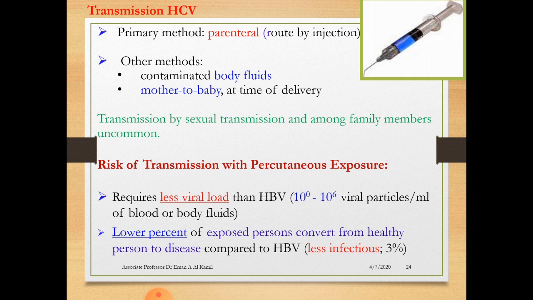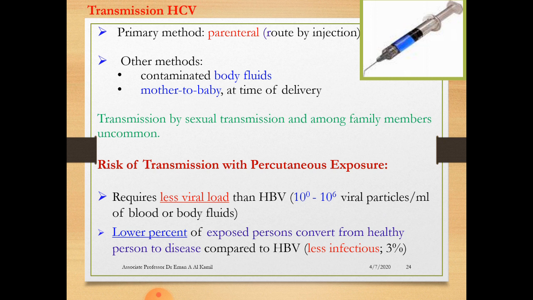The primary method of transmission of hepatitis C virus is parenteral, mainly by injection. It can also be transmitted by body fluids and from mother to baby at the time of delivery. But it has been mentioned that it is not transmitted by sexual transmission or between family members.